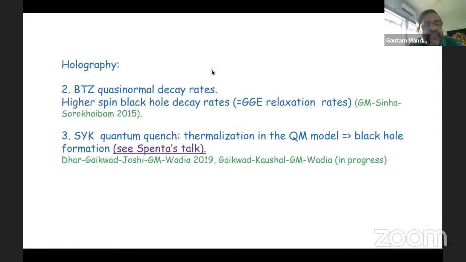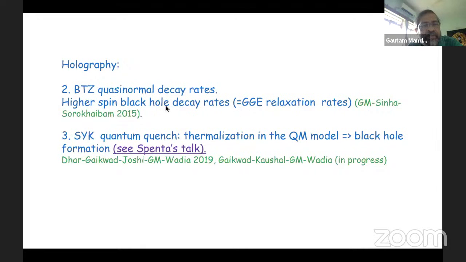Okay, so these are some field theoretic methods, and there are holographic methods like the quasi-normal decay rates of BTZ black holes, which are dual to 1+1 dimensional conformal field theory, or higher spin black hole decay rates. These are some of those rare cases in which both the gravity dual as well as the conformal field theory are easy to work with.